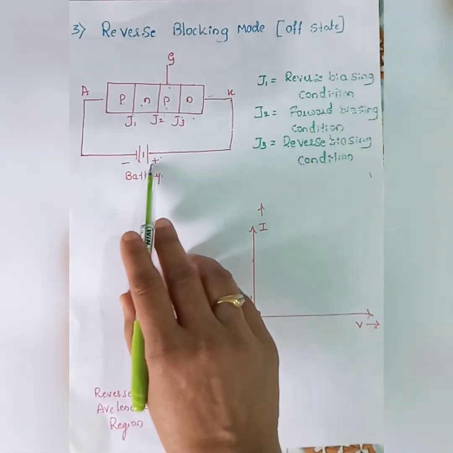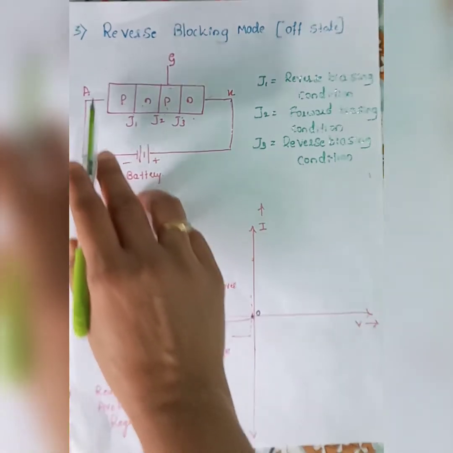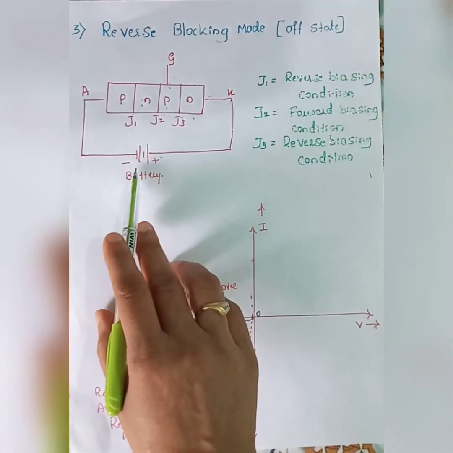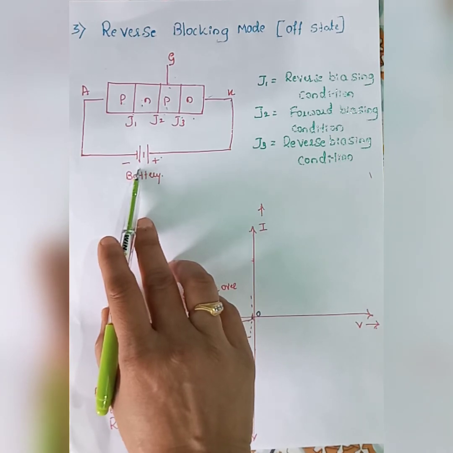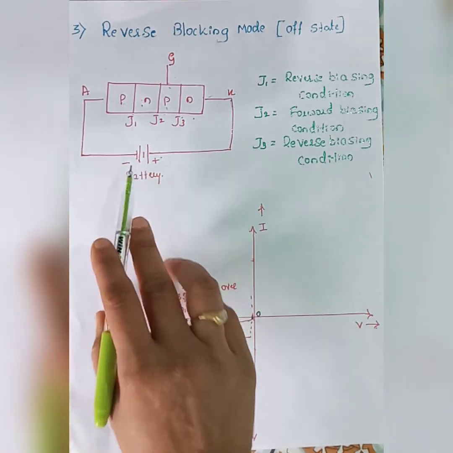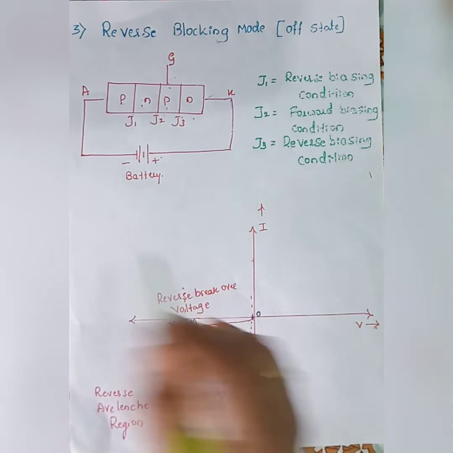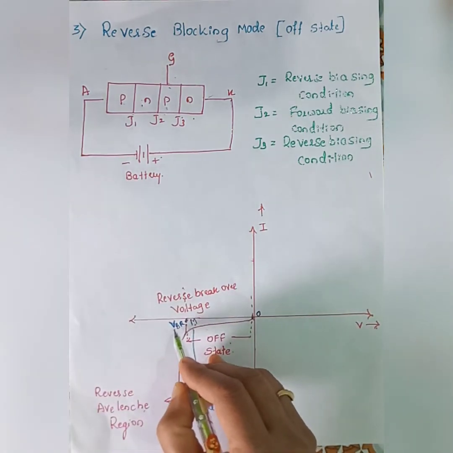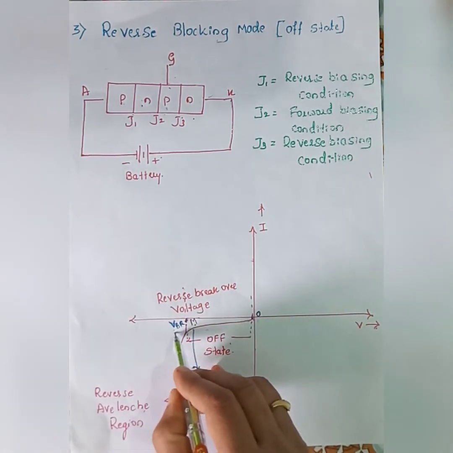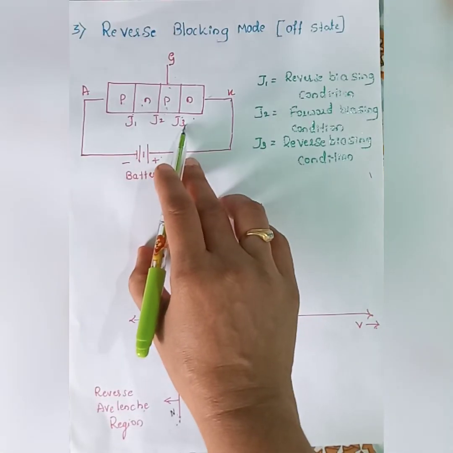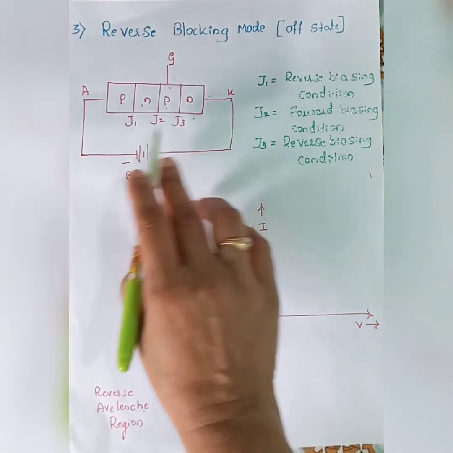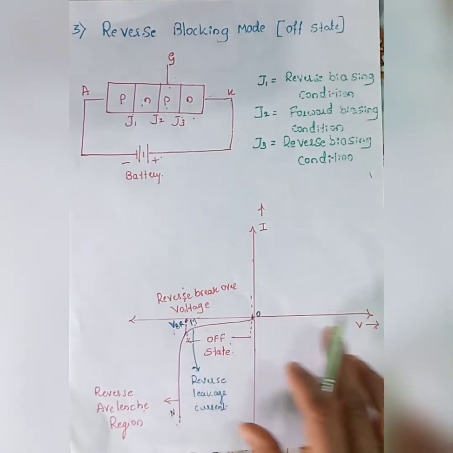If we increase the reverse voltage applied between the anode and cathode further, what happens? At a particular voltage called the reverse breakdown voltage, the VBR, that is the reverse breakover voltage, junctions J1 and J3 break down, and this breakdown is called avalanche breakdown.